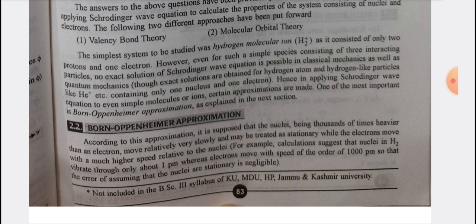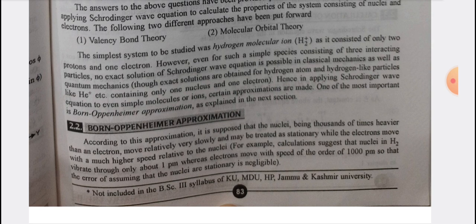The simplest system to be studied was the hydrogen molecule ion H2+, as it consisted of only two protons and one electron. However, even for such a simple species consisting of three interacting particles, no exact solution of the Schrödinger wave equation is possible in classical mechanics as well as in quantum mechanics.